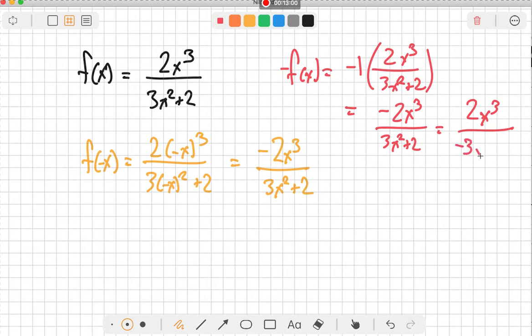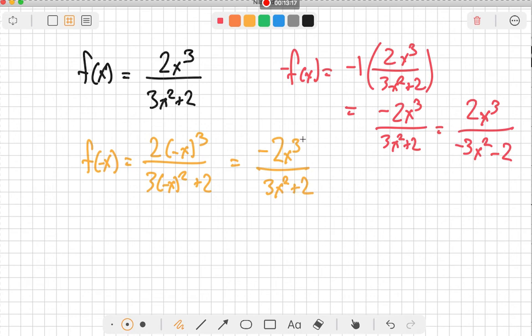So that would be a negative 3x squared minus 2. We don't make both the numerator and the denominator negative, because then we're doing a negative 1 over negative 1, which is positive 1, and we're not taking the opposite.